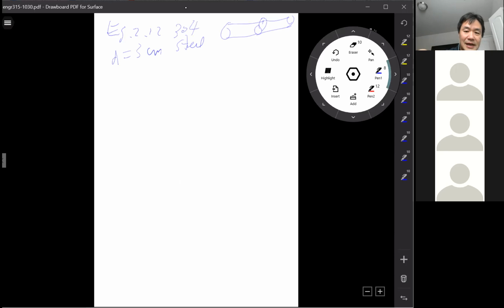Each length is 10 centimeters. They have ground surfaces exposed to air with a surface roughness of 1 micrometer.